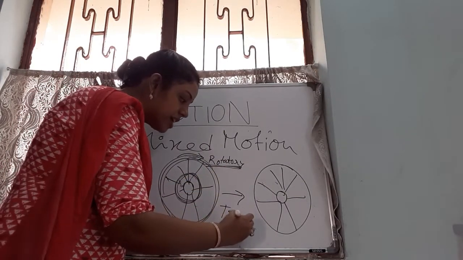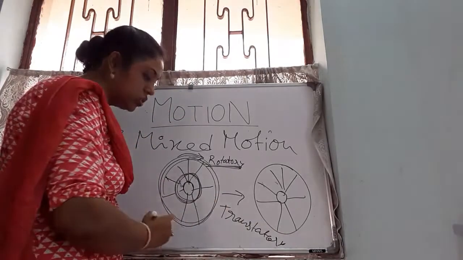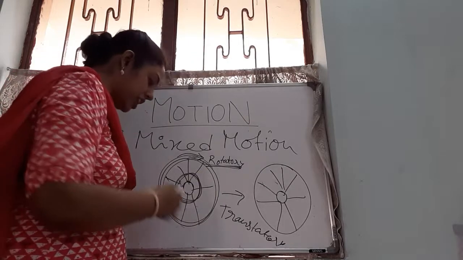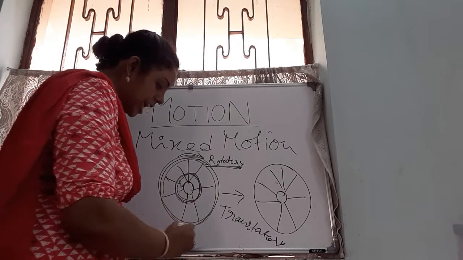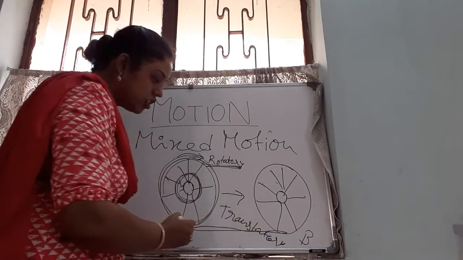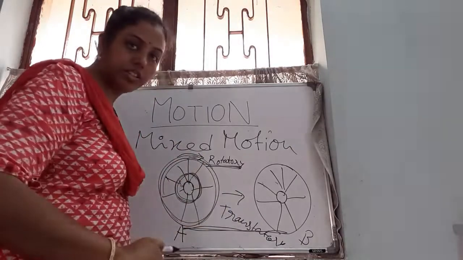At the same time it is showing translatory motion. Why? Because according to the rule of translatory motion, from position A to position B along the same line or path, every part of the wheel travels the same distance.